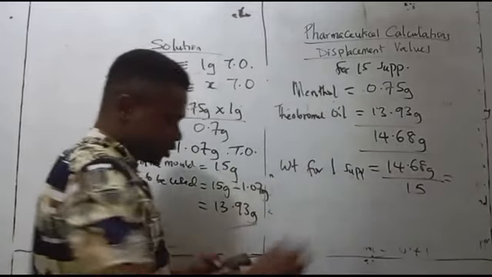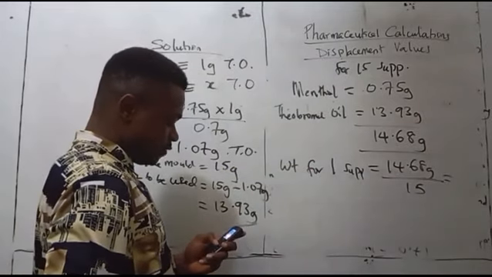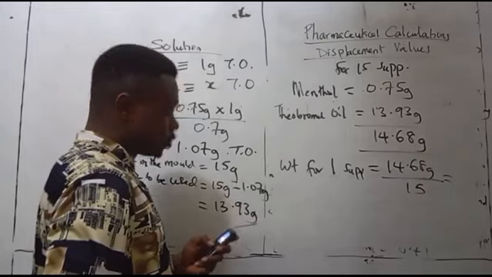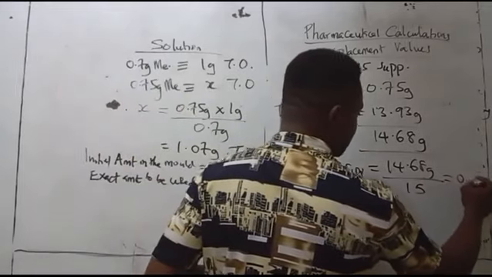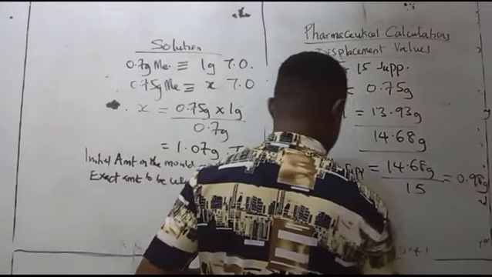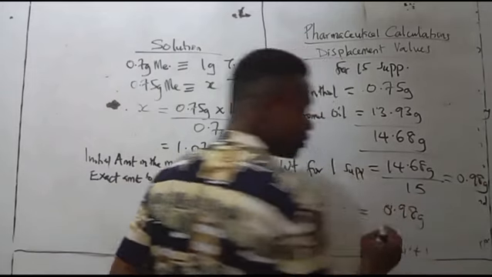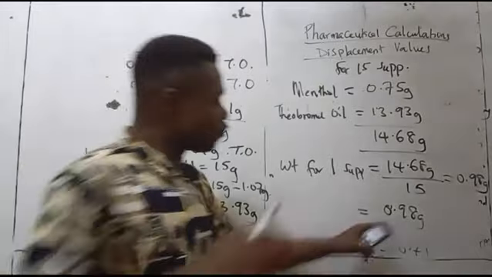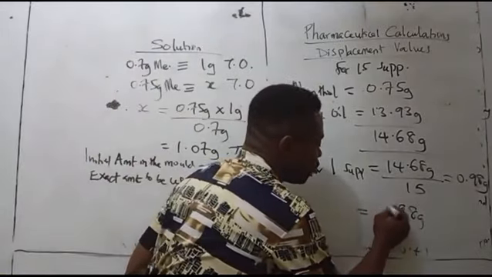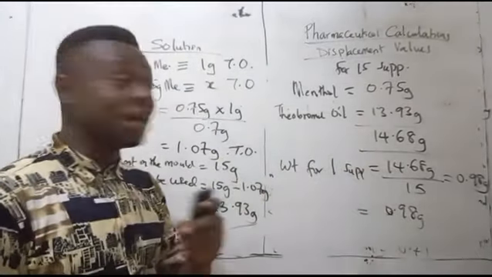And this will give us 0.98 gram. As you can see, the weight of one suppository is 0.98 gram, but nominal weight is 1 gram.